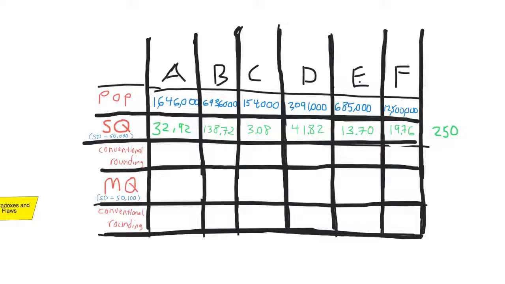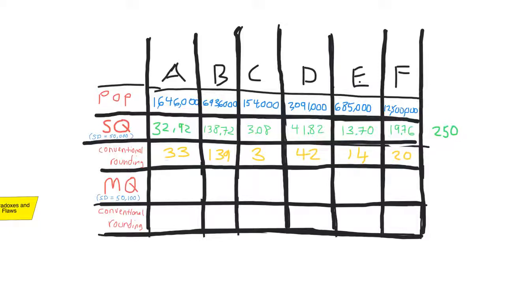Now, since we are doing Webster's method, we are now going to use conventional rounding. And as many of you know from grade school, this would become 33. This right here would become 139. This would end up becoming 3 because you would round it down. This next one here would become 42. This one would become 14. And finally, this one would become 20.